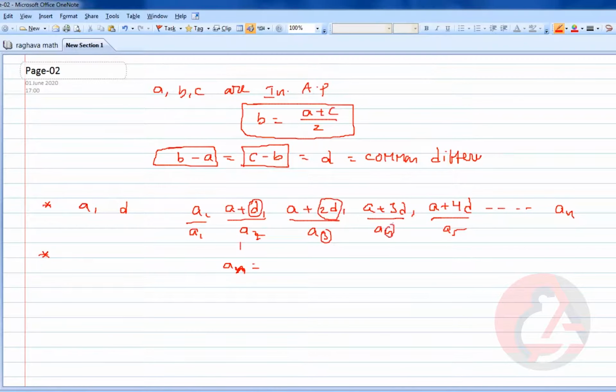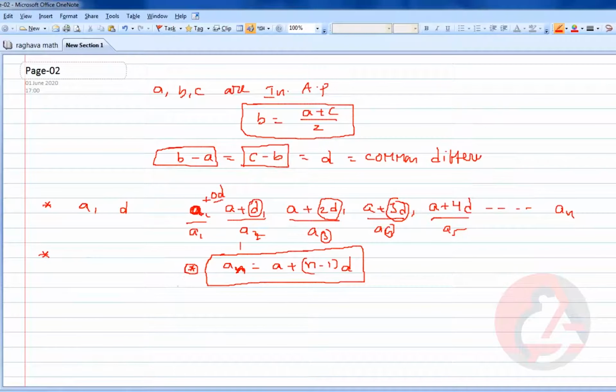If it is the fourth, you are adding D three times, because the count of D starts with 0 times. The first term doesn't have any common difference because the first term starts the series. So AN will be equal to A plus N minus 1 into D. There is a relation between the position and the number of times of the D value. So this is how we can find that respective term if you know the position.